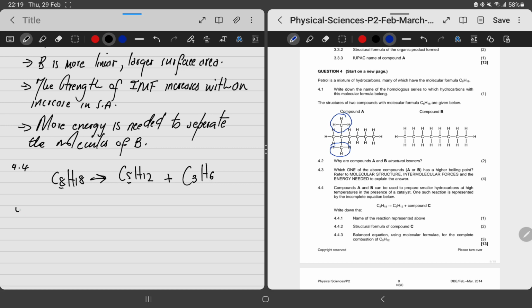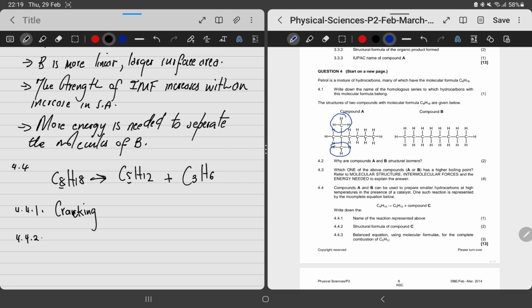Okay, 4.4.1. Name of the reaction represented above. We said that's cracking. And cracking is simply when you take compounds with very long chains and then break them down to compounds that are shorter and are more useful. 4.4.2.